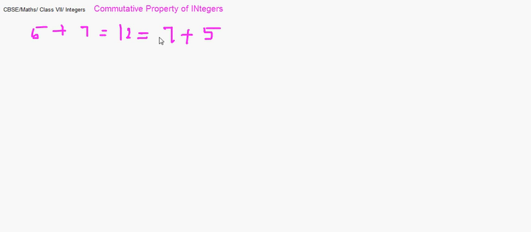Let's take up one negative and one positive and see. If I'm adding 8 with, suppose, minus 7, what do I get? I'm getting 8 minus 7, that is 1. Now if I change the sequence, I'll write minus 7 first and plus 8. That will also give us 1. I can take two negatives as well.